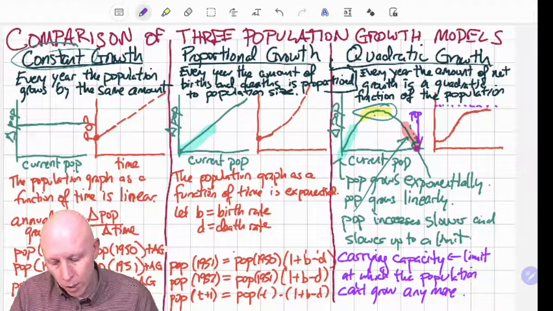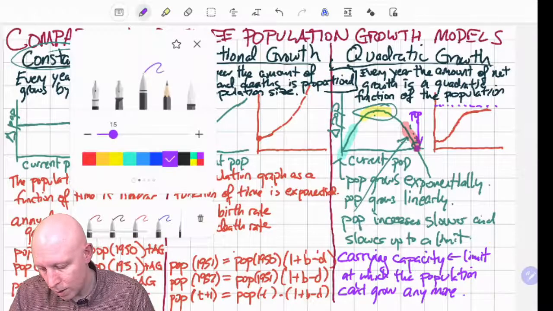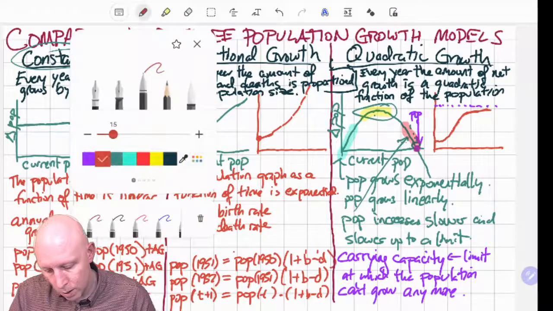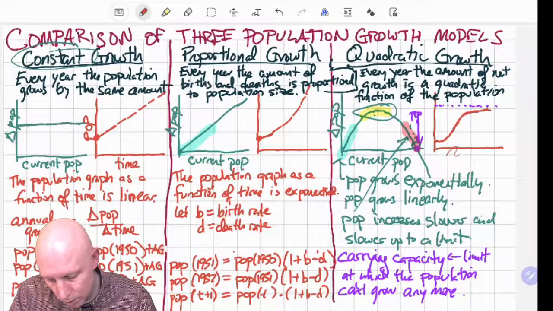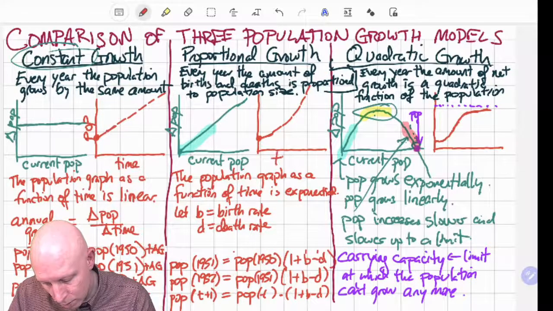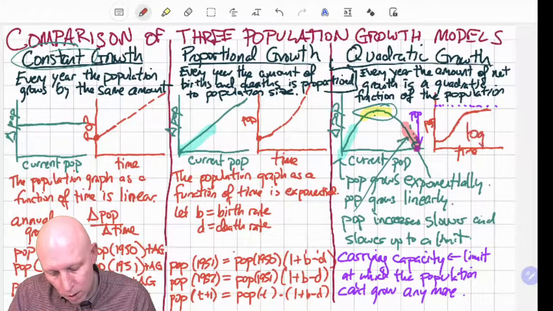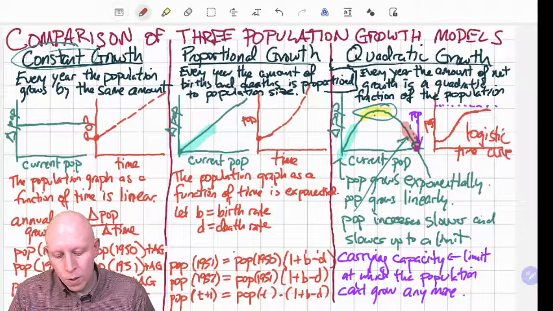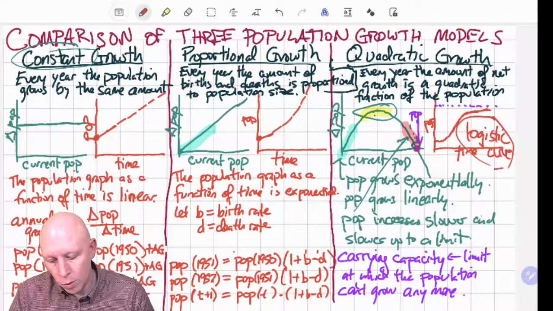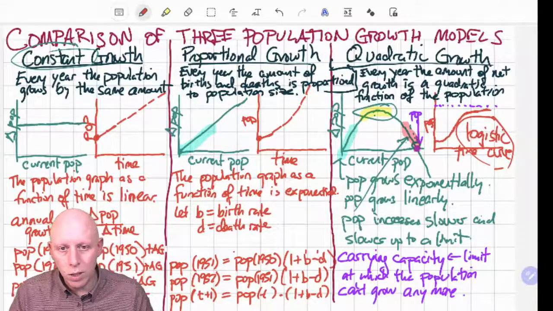Okay, and so this kind of curve is called a logistic curve. So this, I didn't put here time, the population over time. This is called a logistic curve. And it comes from this quadratic growth model.